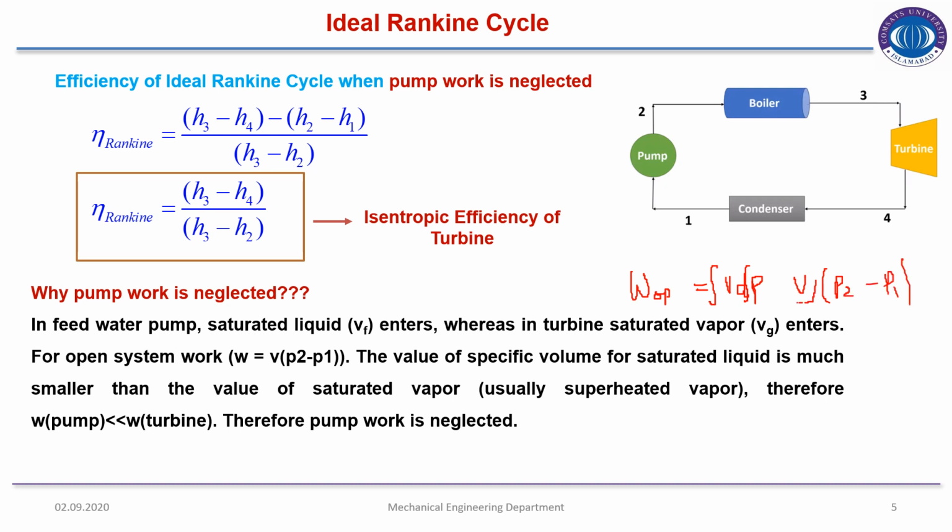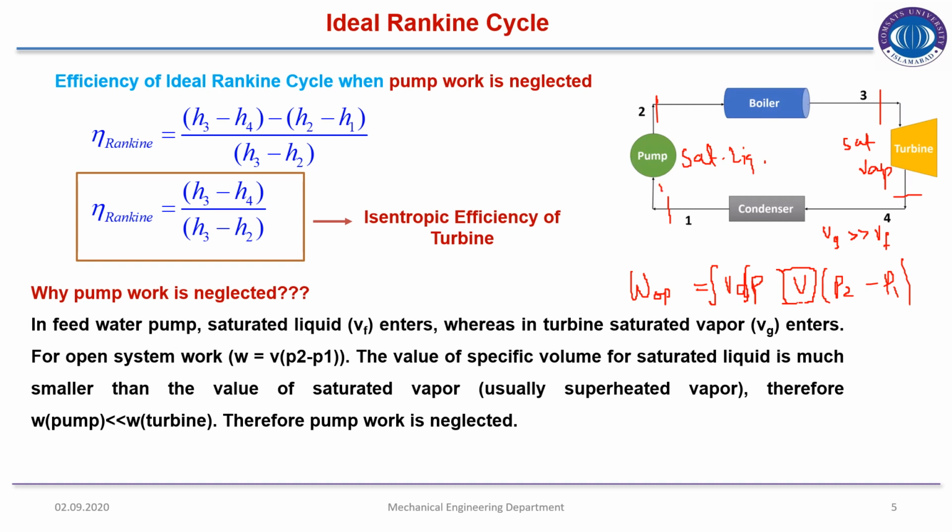In state 1 to 2, the fluid is a saturated liquid, whereas in state 3 to 4 it is saturated vapor. So the value of specific volume for vapor is given as Vg, which is much greater than Vf.